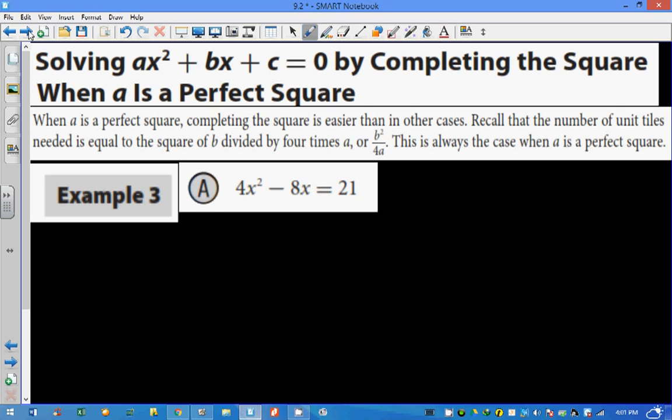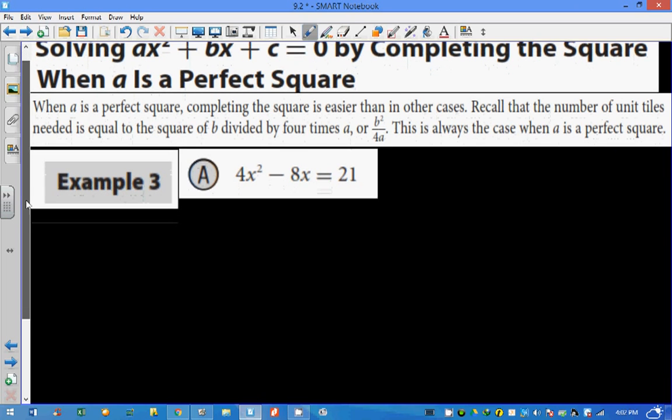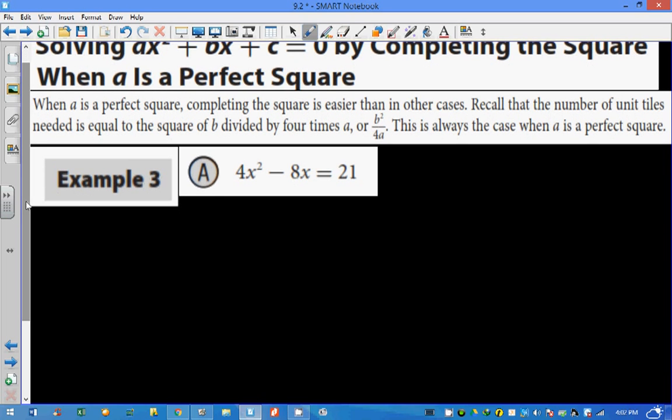Let's move on. Next title: solving ax squared plus bx plus c equals 0 by completing the square when a is a perfect square. So what is the value of a in the example? 4, which is a perfect square.